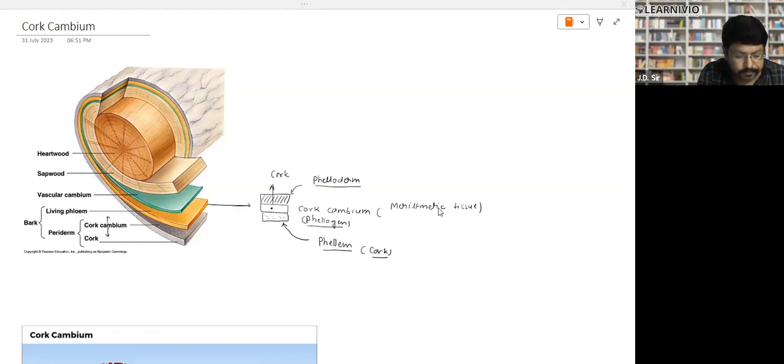Full stop. Generally, it is formed by hypodermal tissues, below the epidermis.